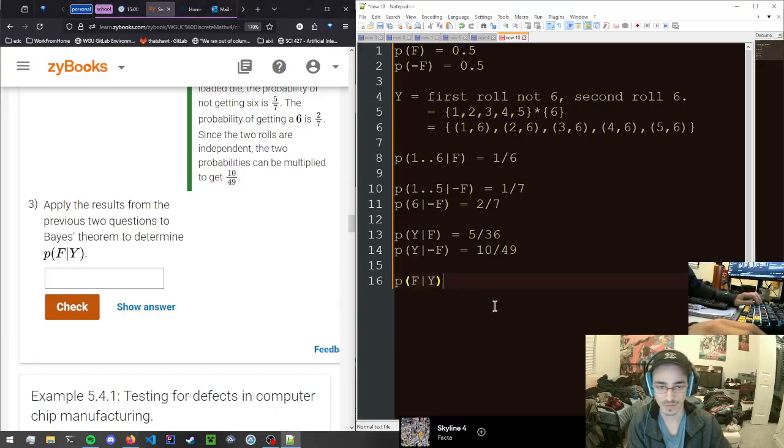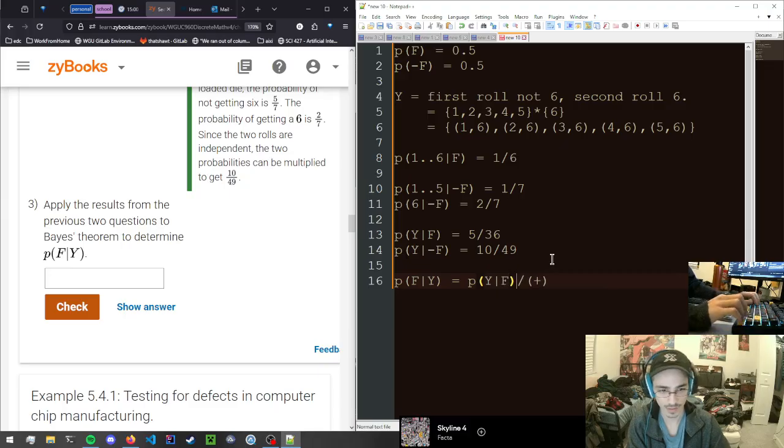Okay, and now they're asking to apply Bayes' theorem to this. So I will be using these and these to do that. Let's write this down.